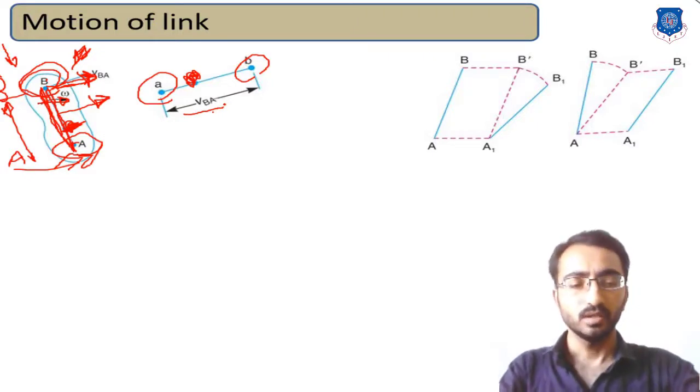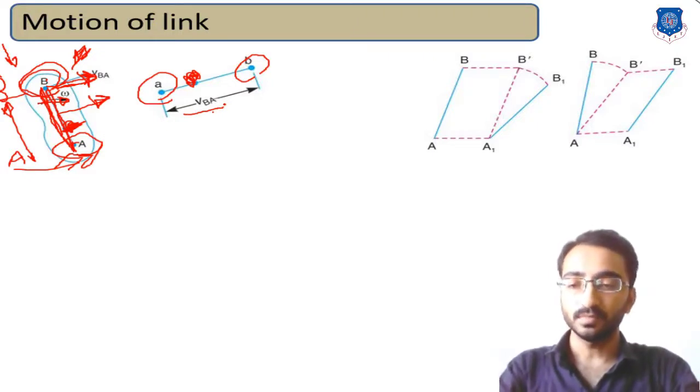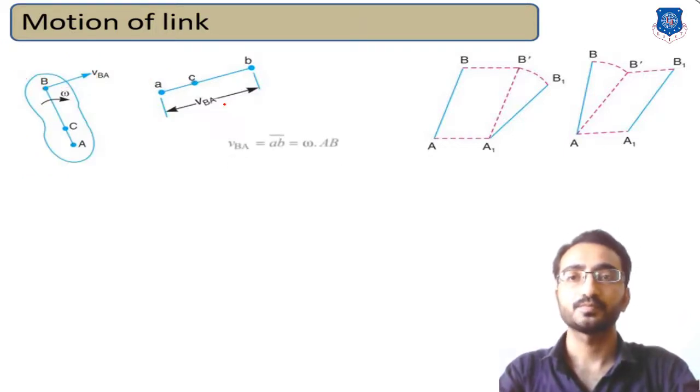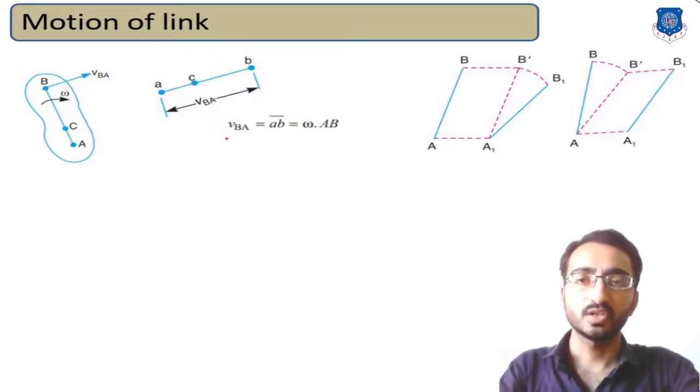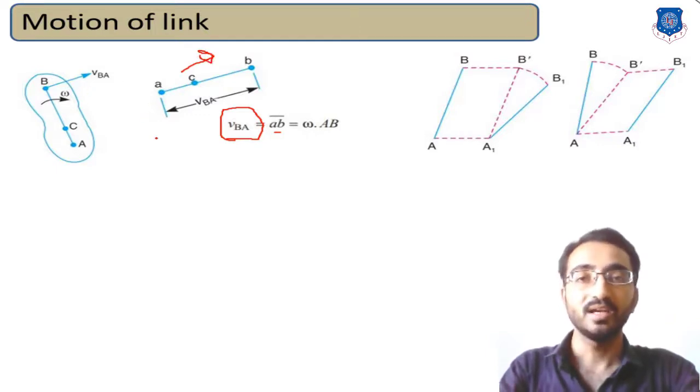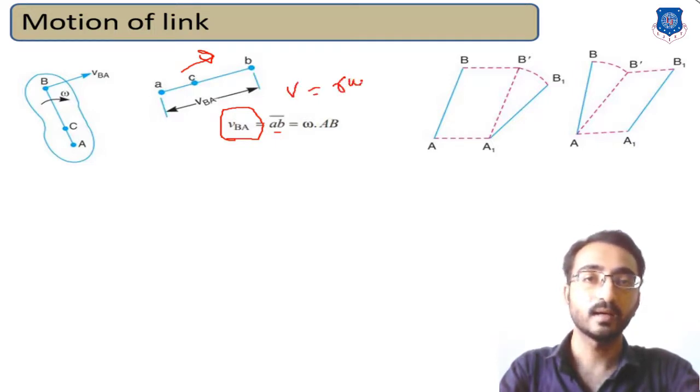Now in a similar way, let's consider the calculation. Over here we can say velocity of B with reference to A is equal to vector AB, which is always in a perpendicular direction to the line joining these two points. And how can we calculate it? We have a simple relation, V is equal to R into omega, that we derived in the previous slide.